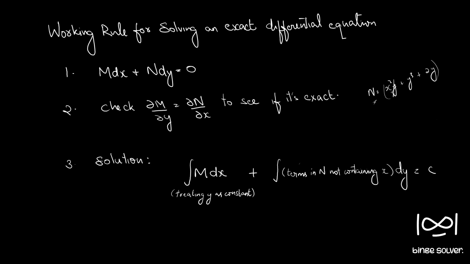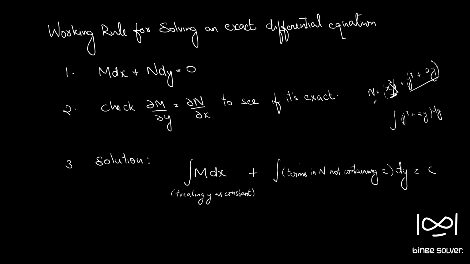In this case, x square y contains x, so it is excluded, and we write the integral of y cube plus 2y dy. That is what terms in N not containing x means. So integral M dx plus integral of terms in N not containing x dy equal to c is the solution.